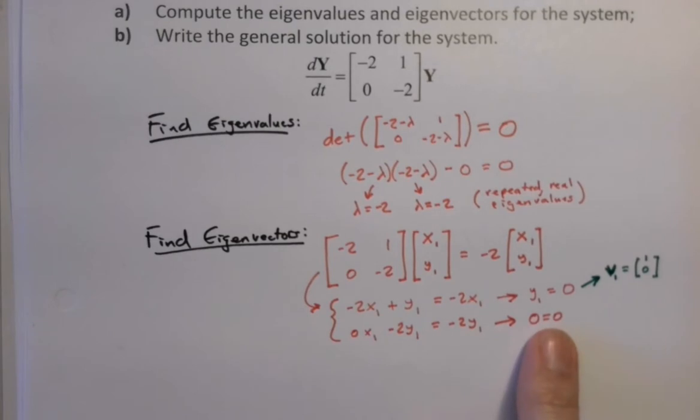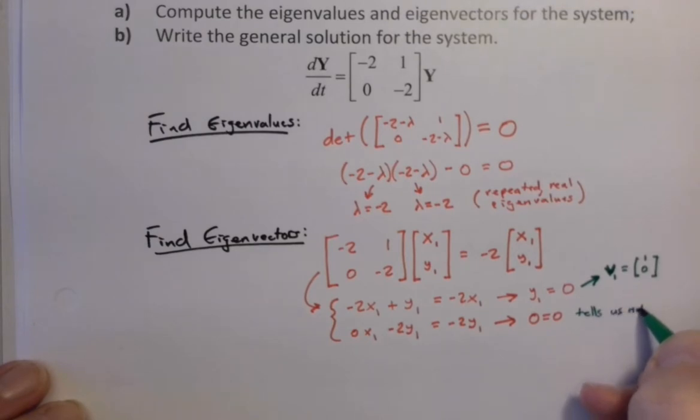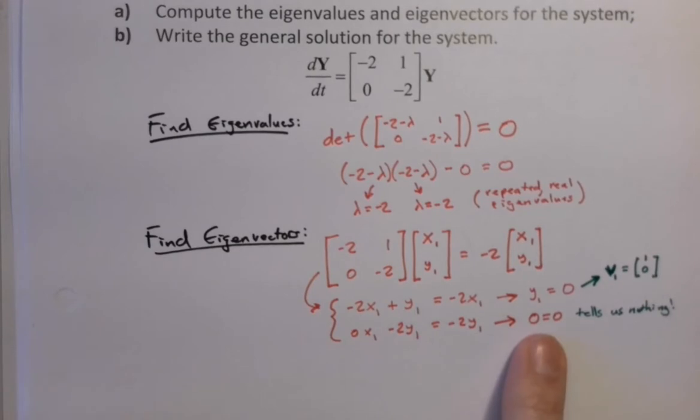But this bottom equation literally tells us nothing. And not because it's not true, but because it's always true. In other words, that bottom equation doesn't confirm the top. It just kind of sits there mutely and smiles at us and tells us nothing of any value.